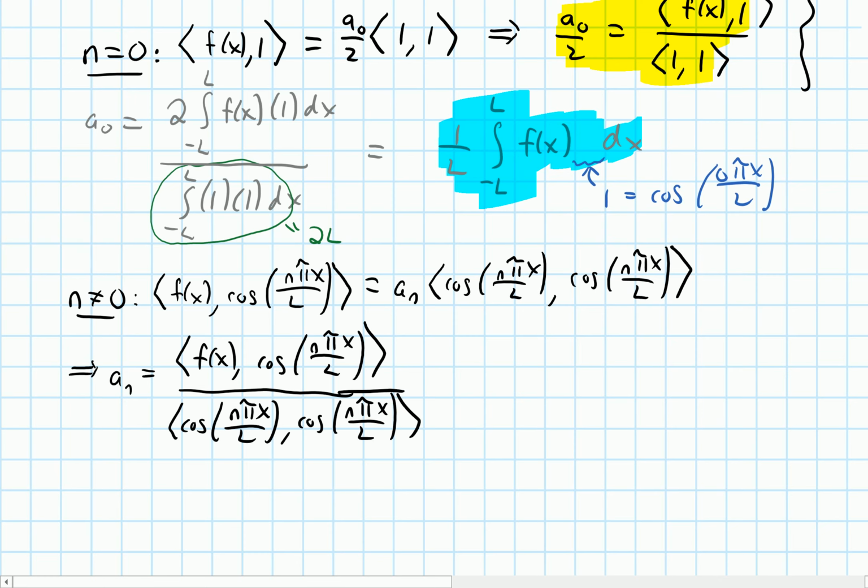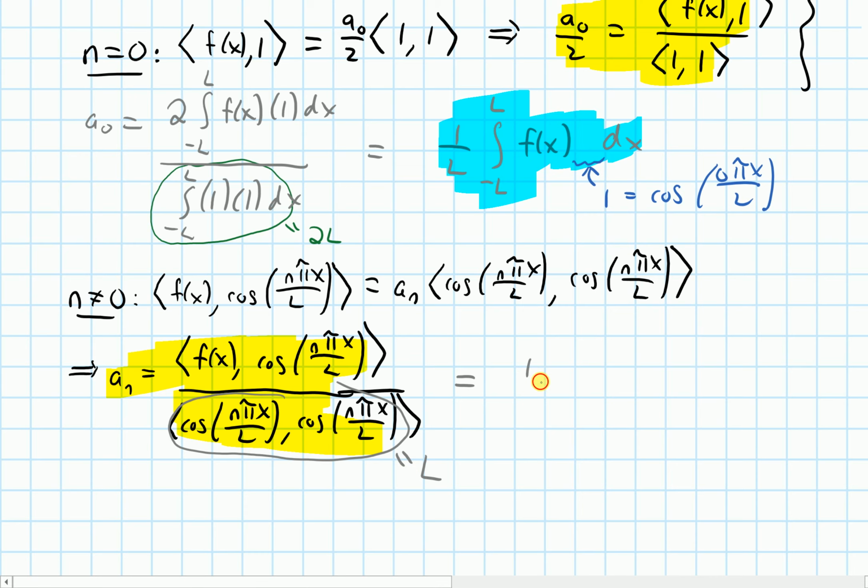All right, so I'm going to highlight this. So this is a formula for an when n is not 0. In the textbook, they'll simplify this. They evaluate what each of the integrals is. So it turns out that this integral on the bottom ends up being L. That was one of the formulas in our piecewise function that we said in the proof of the theorem above.